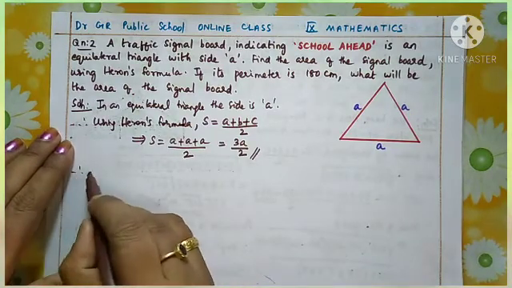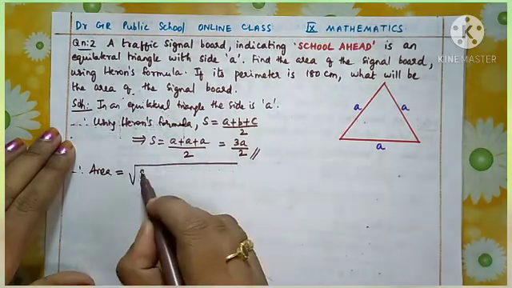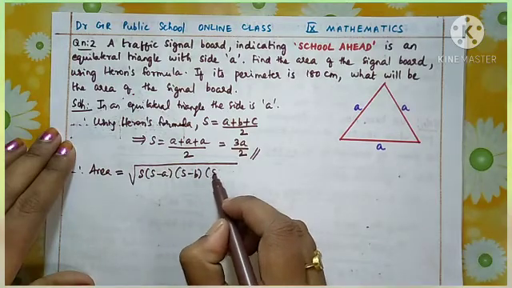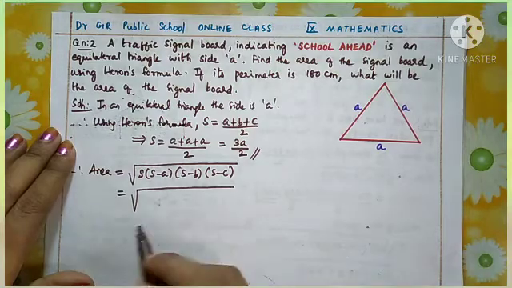Now we will apply the formula: area equals, write the Heron's formula, square root of S into S minus A into S minus B into S minus C. And put the values.